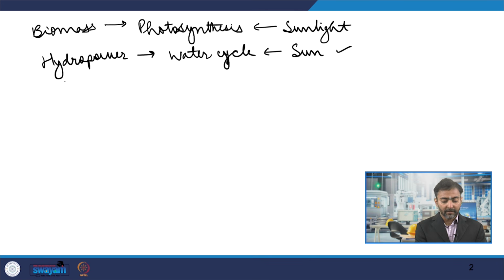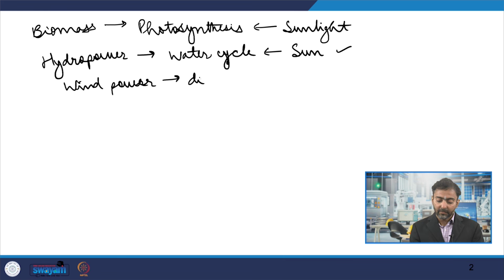If you look at another example, suppose we look at wind power. In case of wind power, what is the fundamental concept, what is causing the flowing of the air currents or the wind?